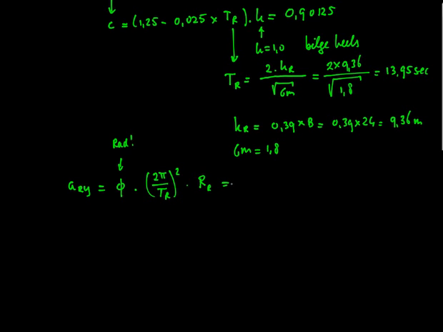Okay, we know something, so this is 0.455 times 2 pi divided by 13.95, squared, times RR. So have a look at this. The RR is the vertical center of gravity minus the z-axis, the height of the z-axis. So the z-axis can be calculated by two formulas.